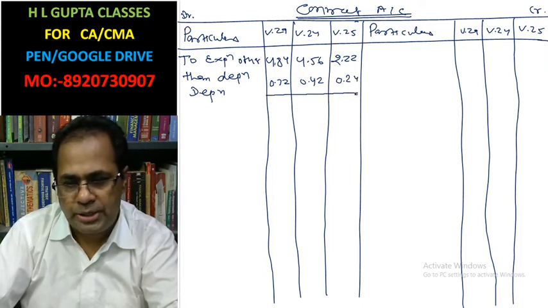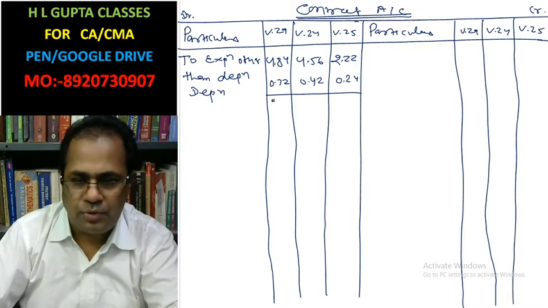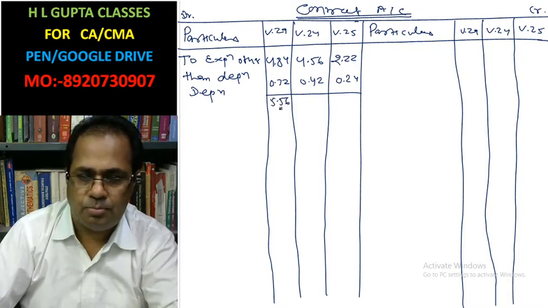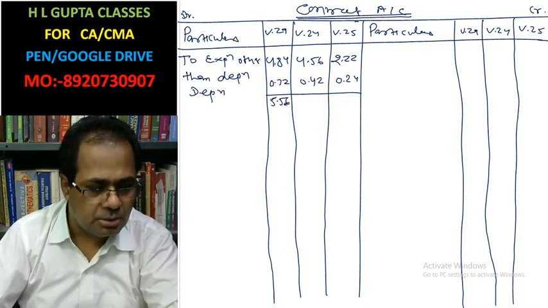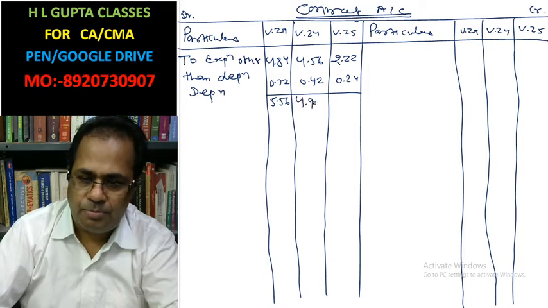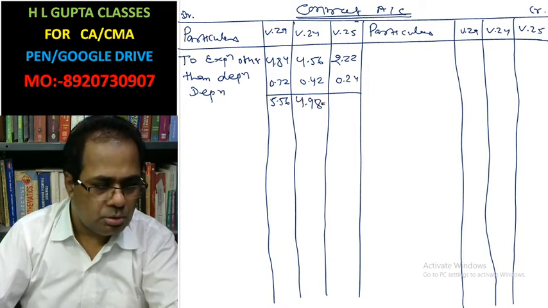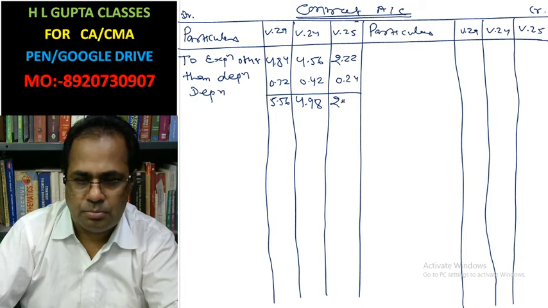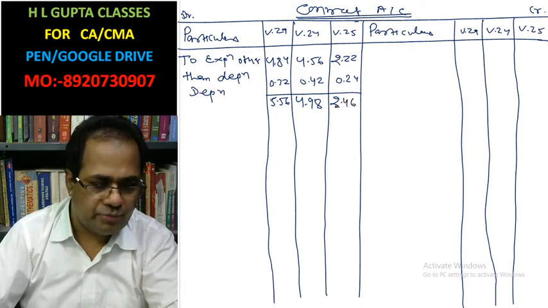Total cost you have is 5.56, 4.98, 2.46.